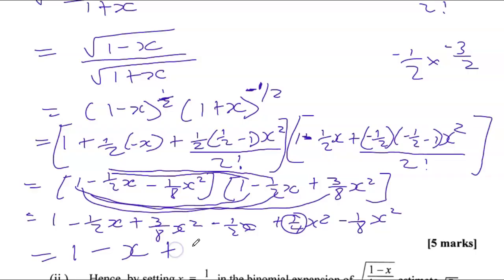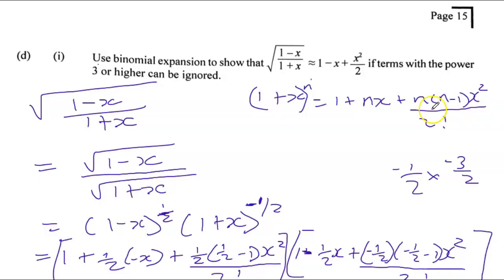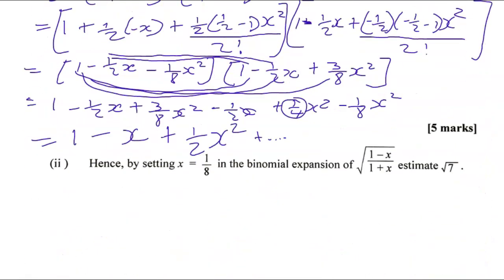So plus half x squared. Of course there are more terms, but we're ignoring the terms where the power is 3 or higher. So that's our solution.